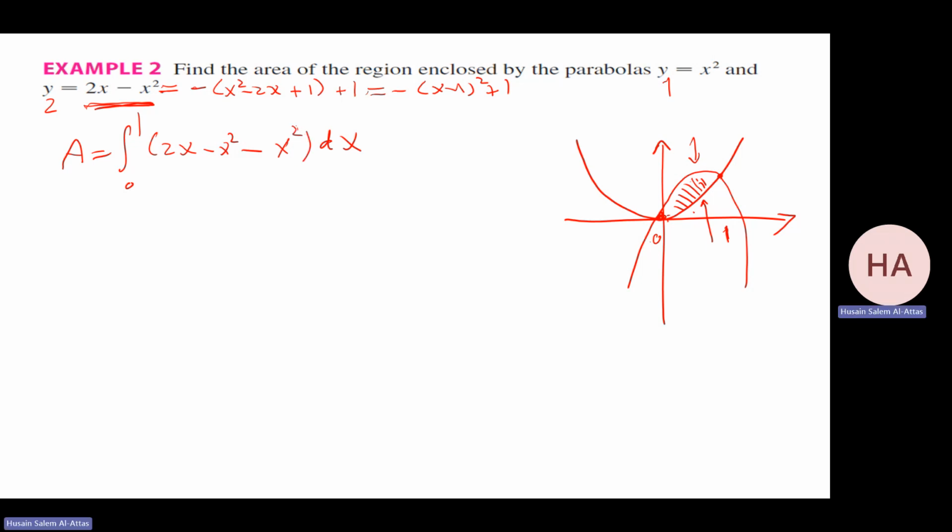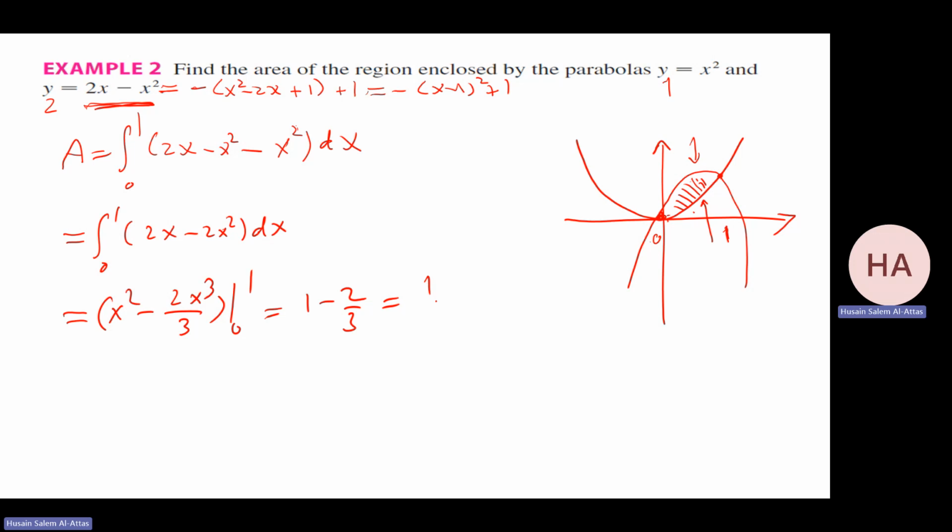You have the integral from 0 to 1 of x minus 2x squared dx. That gives me x squared minus 2x cubed over 3, from 0 to 1. Easy one. That will be 1 minus 2 over 3, and the answer is 1 over 3. Okay, I think that explains it.